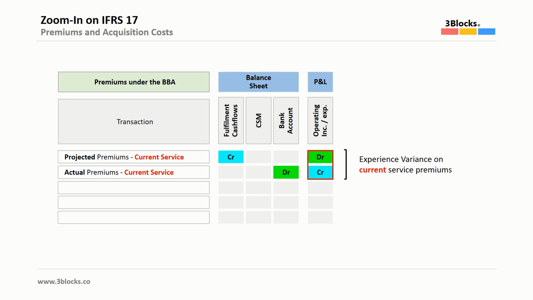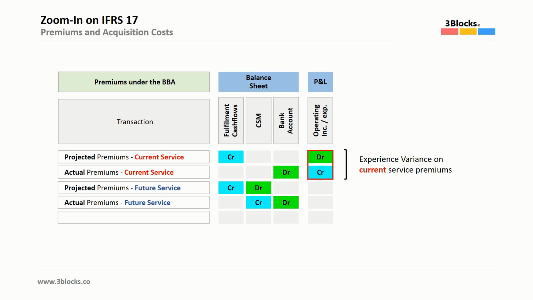IFRS 17 specifically forbids accounting for premiums to revenue, so the premium variance has to be recorded in operating incomes and expenses. Let's see what happens to the future service-related portion of premiums. On one side, the projected premiums are debited to the fulfillment cash flows, and the other side goes to the CSM.